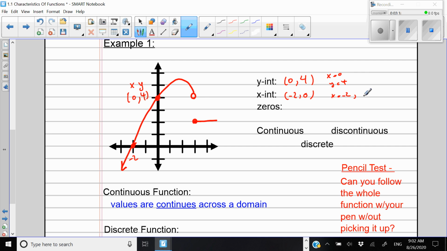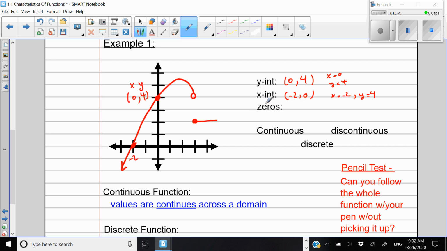So x is -2 and y is 0. Notice that the y- and x-intercepts are points. So in order to write them, you need to use an ordered pair, in the correct notation.